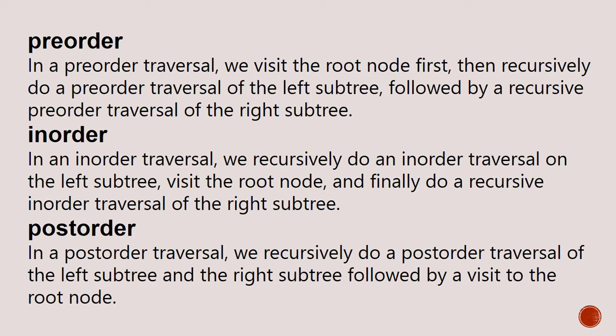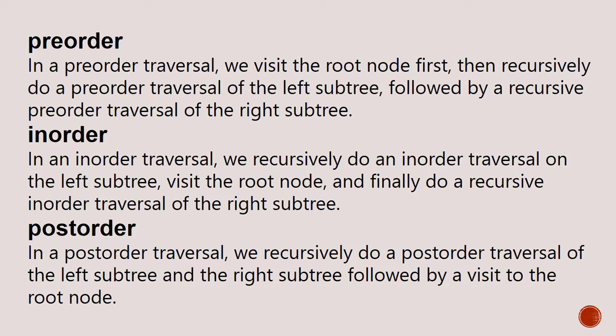Now, in case of a pre-order traversal, first we visit the root node, then recursively we visit the left subtree in pre-order, followed by a recursive pre-order traversal of the right subtree.